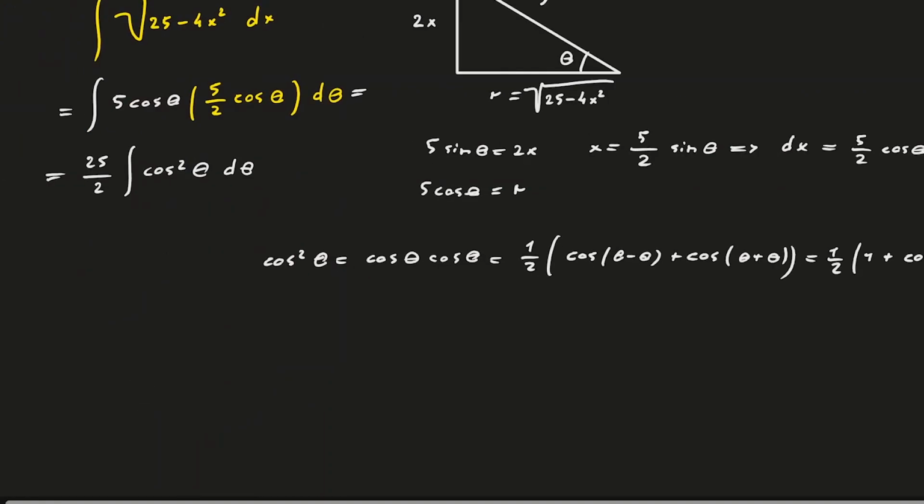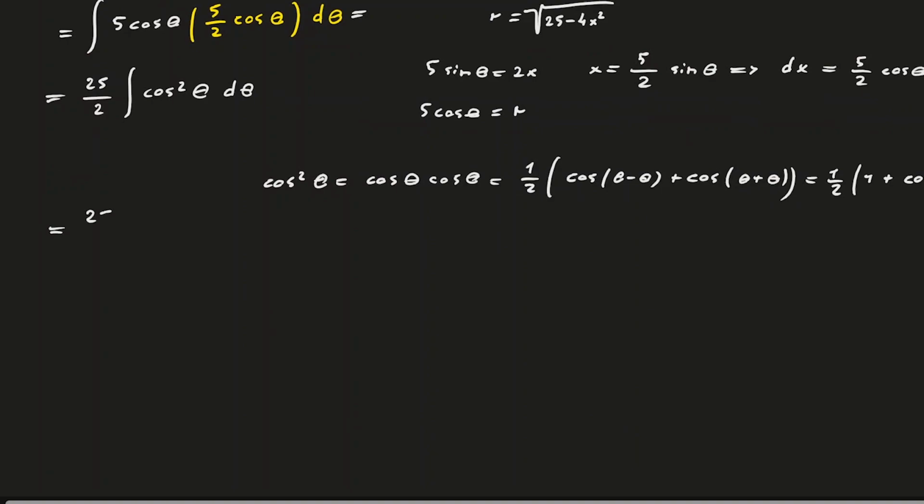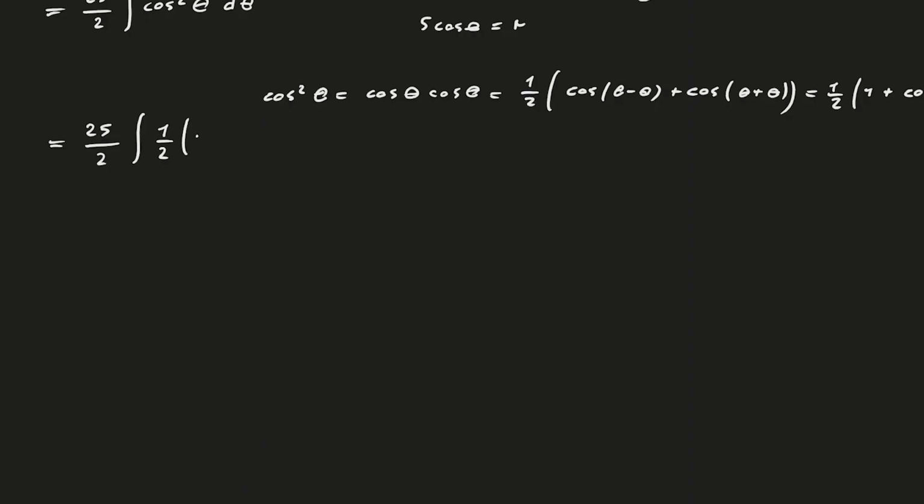So let's do our substitution. This equals 25 divided by 2 times the integral of 1/2 times 1 plus the cosine of 2 theta d theta, and we can bring the 1/2 outside the integral sign, so this is 25 over 4 times the integral of 1 plus the cosine of 2 theta d theta.